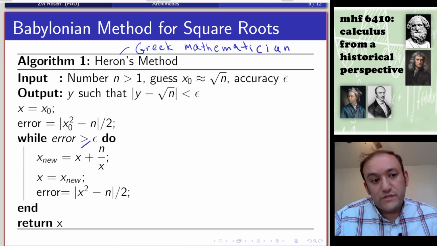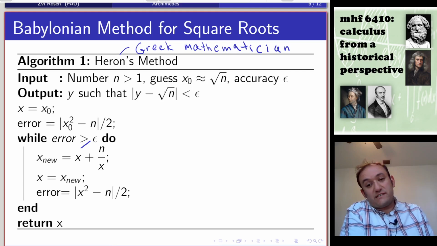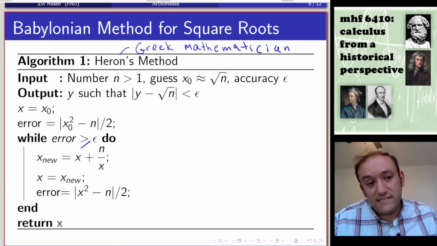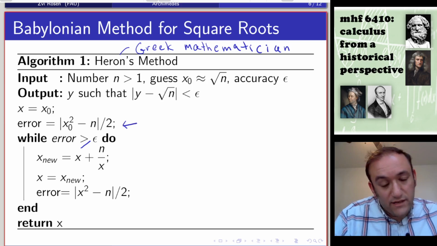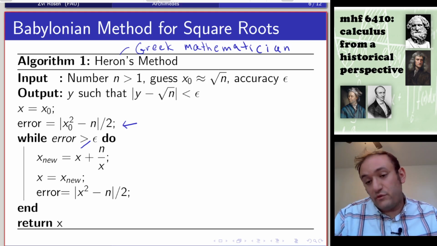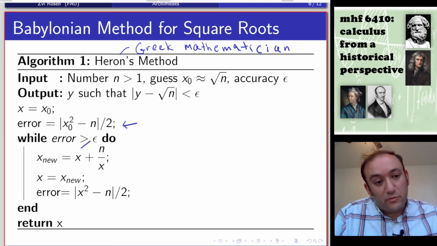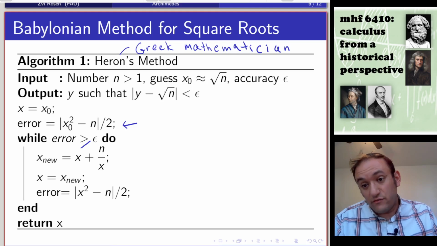First you set x to be your first guess, and you compute an error, which is the error of your first guess. For the error, we approximate the true error, since we don't know the square root of n, so we can't actually compute how far we are from it. Instead, we approximate this as half the distance of the square of your guess from n.